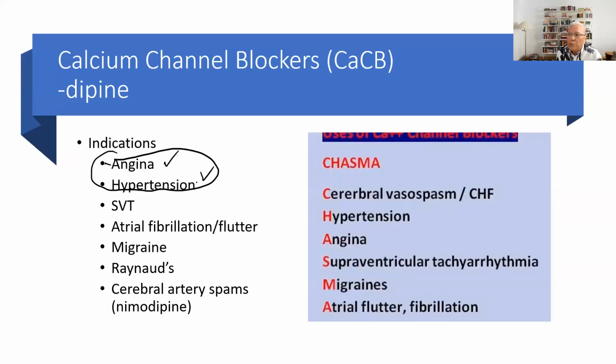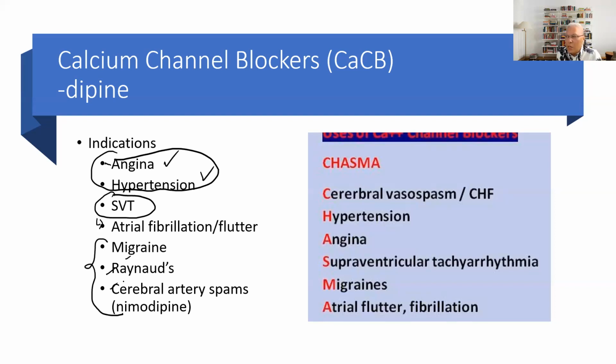Now, if it decreases the firing potential of the sinus node and decreases the conduction to the AV node, then this is going to be useful for supraventricular tachycardia, as well as atrial fibrillation and flutter when there is a rapid ventricular response. The other uses are going to be migraine, Raynaud's disease, and cerebral artery spasms, in particular, nimodipine.